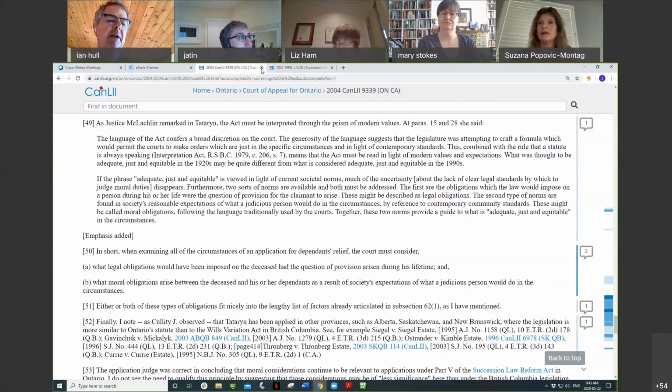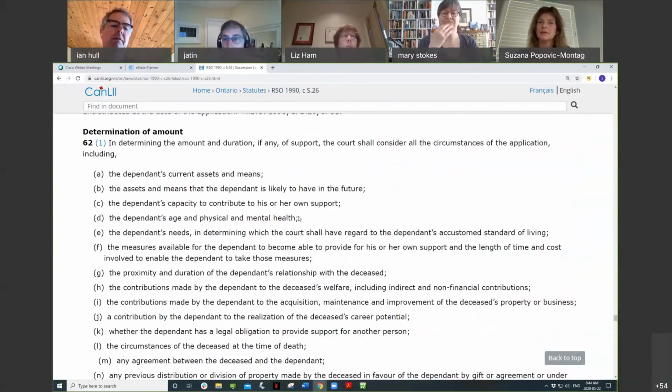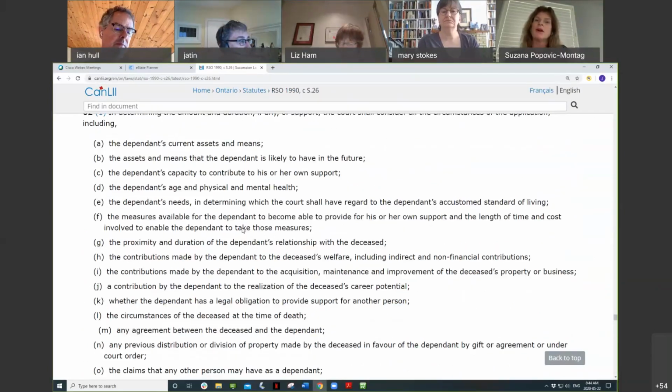Yeah, and I still think it's expanded it into independent adult children being available to receive support under the Act, and that's probably as far as it's gone. Now, how much that is and the quantification is still up in the air. What do you think, Suzana? I think also the value of the estate is a big consideration for the court, because if you've got a very large estate, then I think it's a lot easier to make these kinds of claims as opposed to a needs-based one at the time of trial.